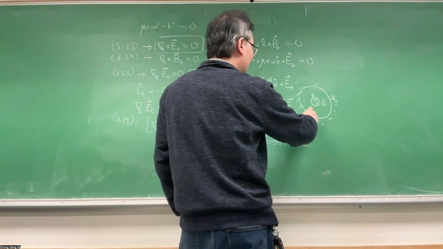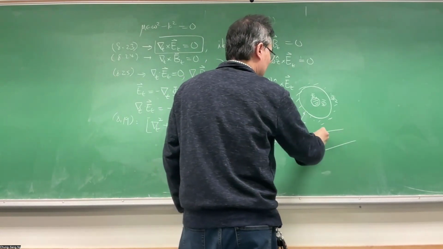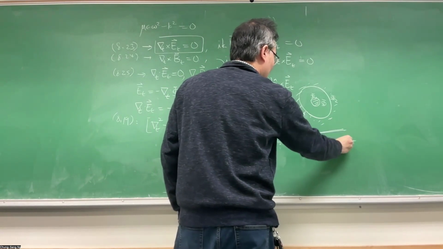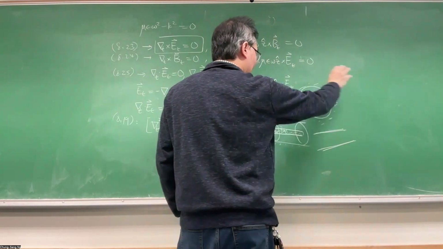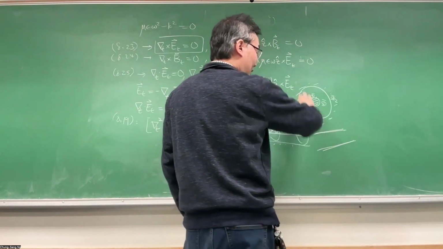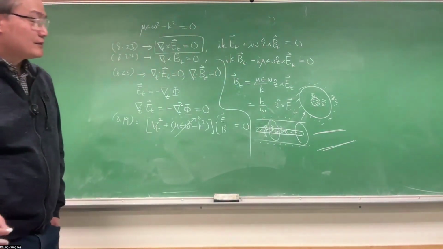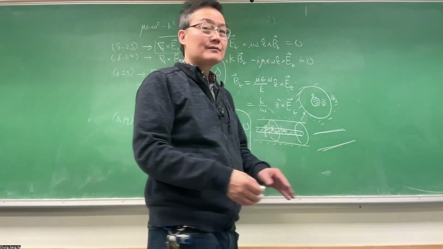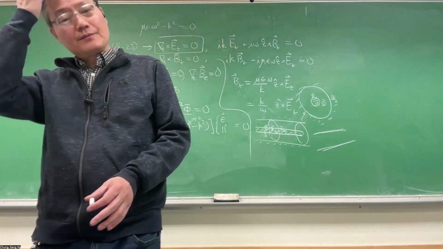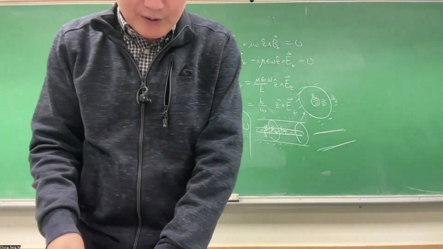Another way to propagate a TEM mode is to have two wires, both conductors. Then the outer space can go to infinity, and you can still support the TEM mode. So that's another way to have the TEM mode.